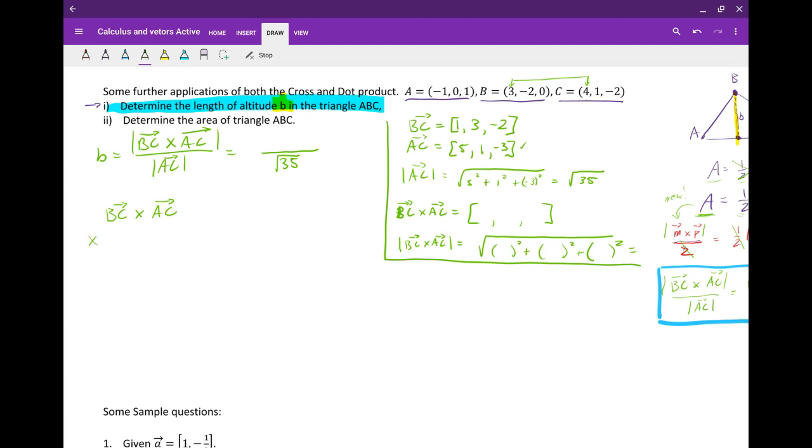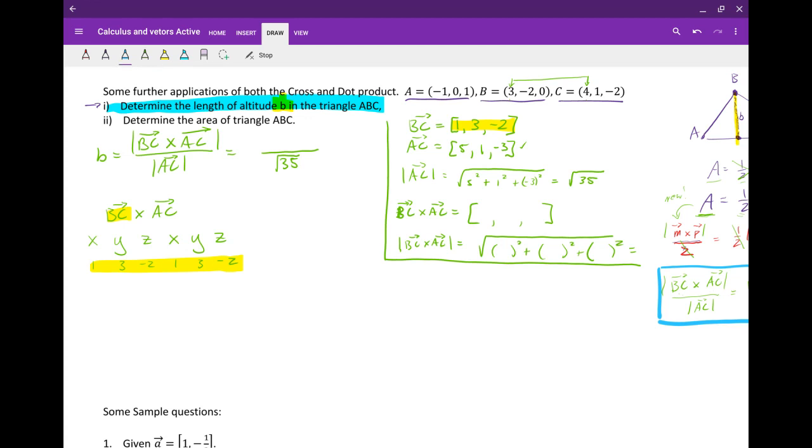You do X, Y, Z, X, Y, Z, all right? There are all sorts of different techniques here. Now what you do is you write the first vector in the cross product, which is BC. I'm going to write it 1, 3, negative 2, 1, 3, negative 2. Those are the components for the BC vector.